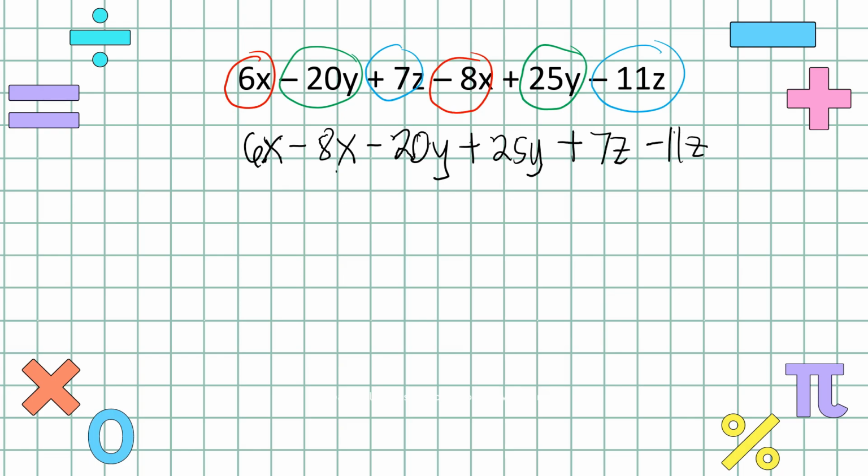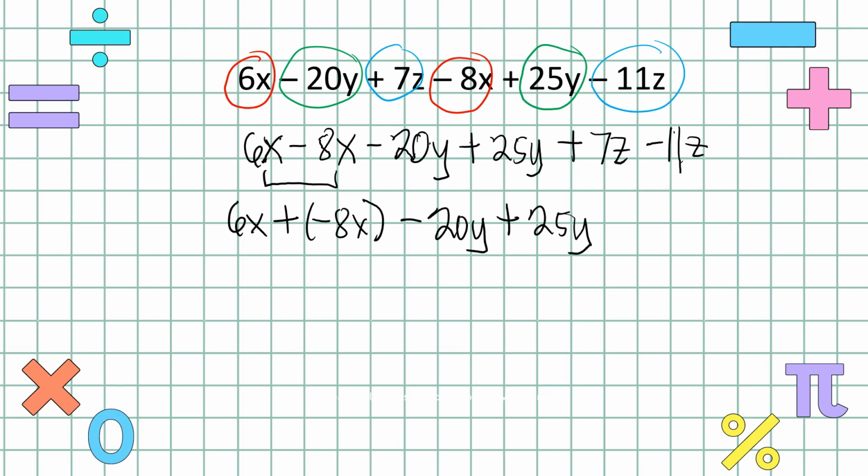Now again, let's transform this in addition form. So this becomes 6x plus a negative 8x. And then minus or negative 20y plus 25y. And for this pair, we can have it as plus 7z plus negative 11z.